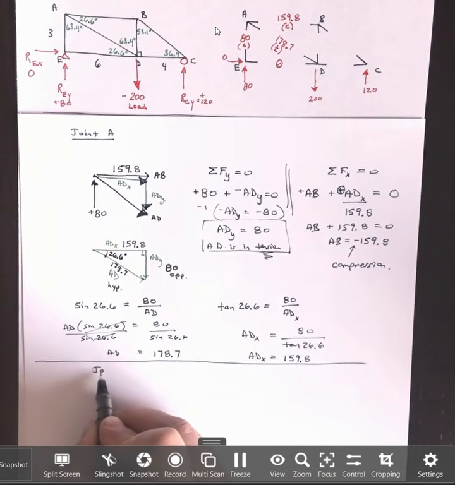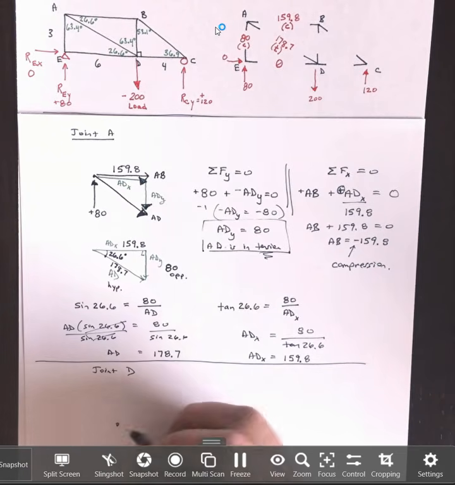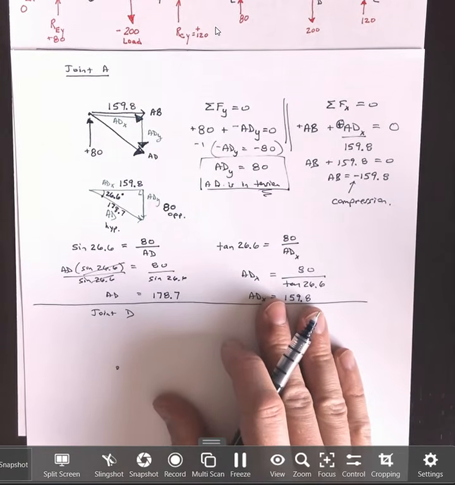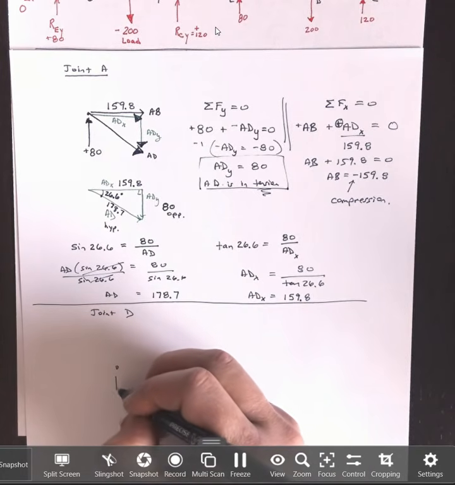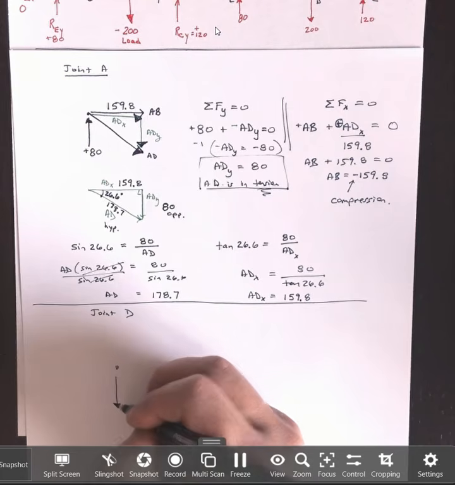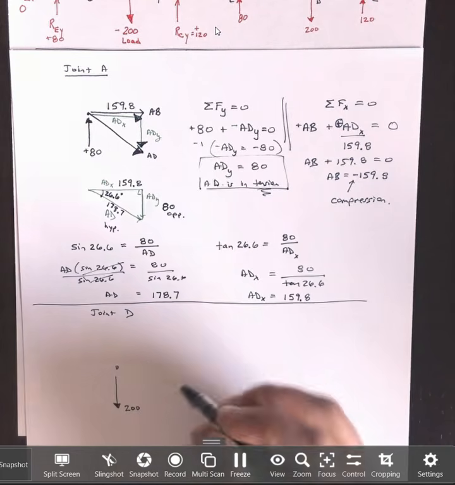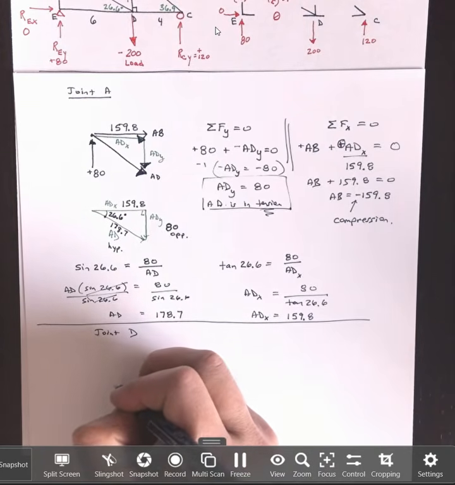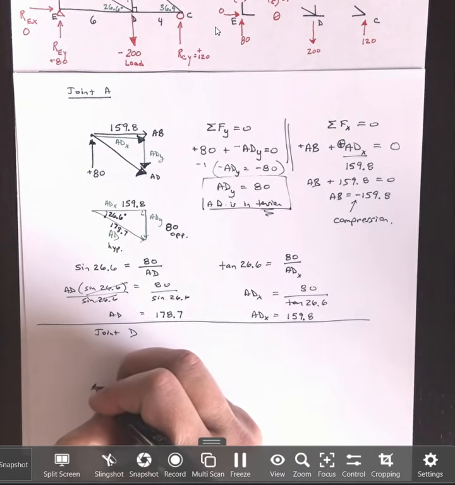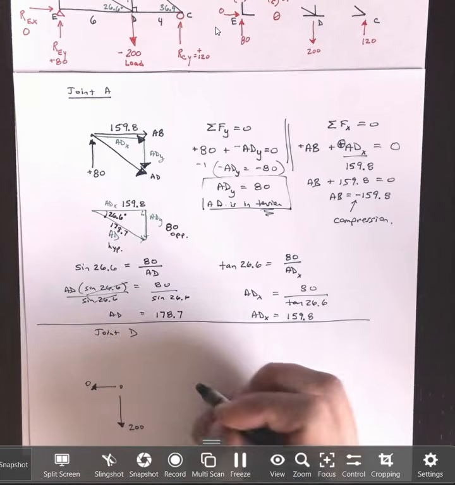So let's go to joint D. At joint D, I have a 200 down, right? I have DE, 0.